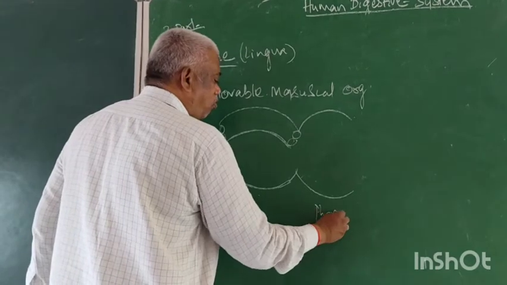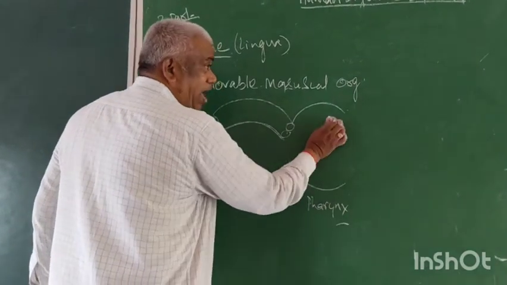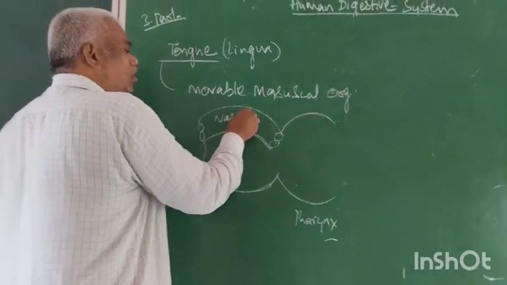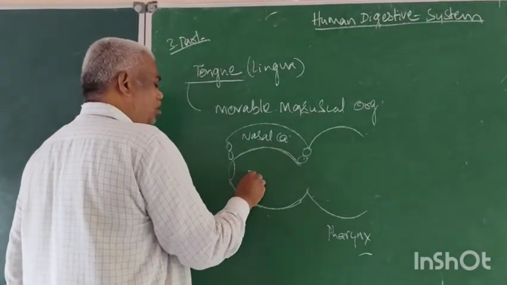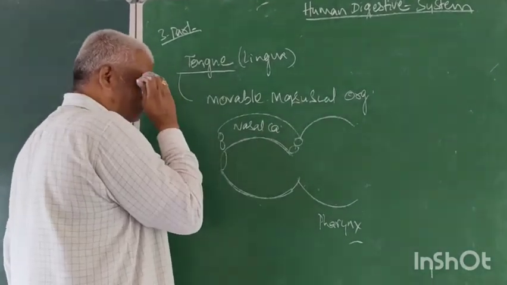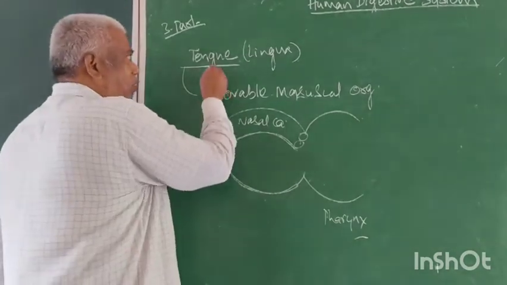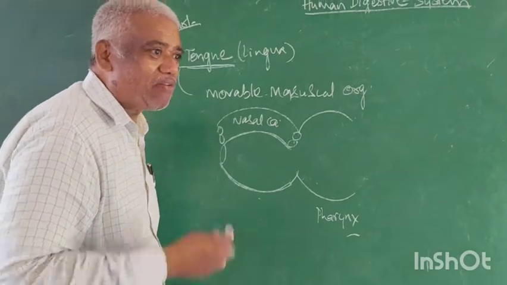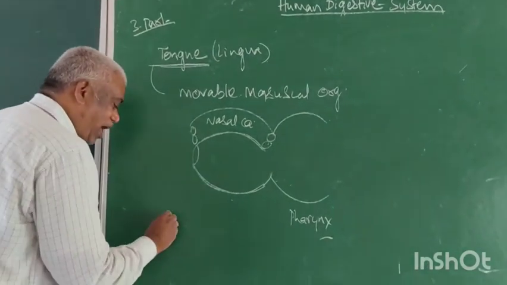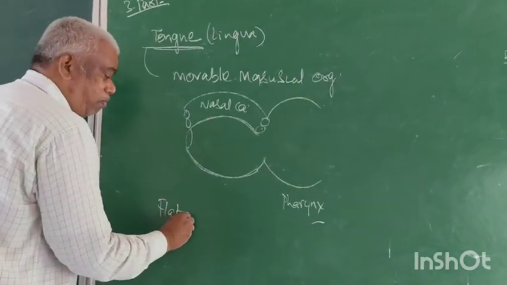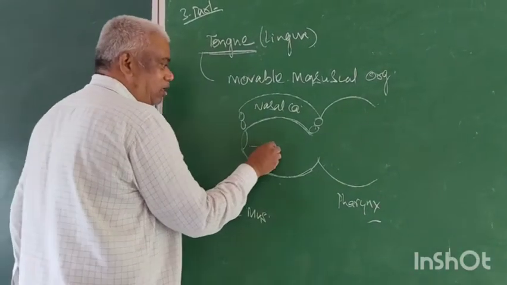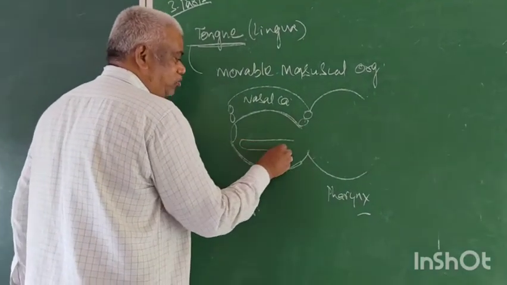Pharynx. Now what is this? Nasal. It is buccal. What is this? Tongue. Flat, muscular. See. Right. Now it is the tongue.